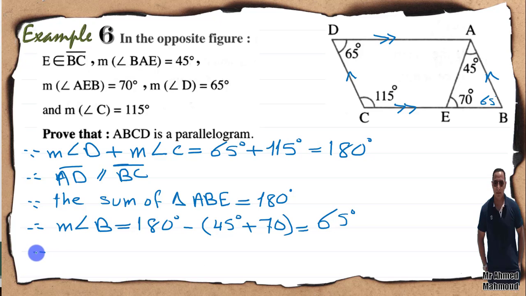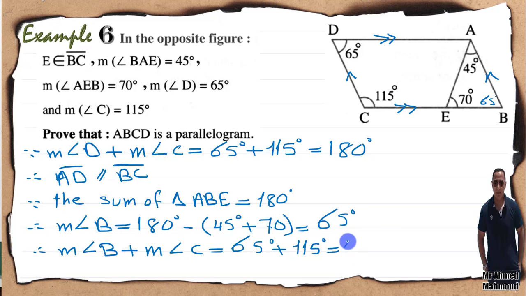Therefore, measure of angle B plus measure of angle C equals 65 plus 115 equals 180. Therefore, AB is parallel to CD.